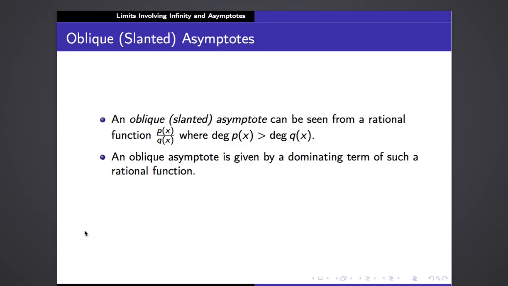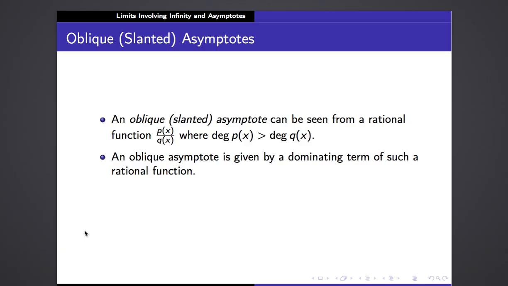What do we mean by dominant term? The dominant term is like when x gets larger and larger, one part of the rational function gets smaller and smaller, and that leaves the dominating term.